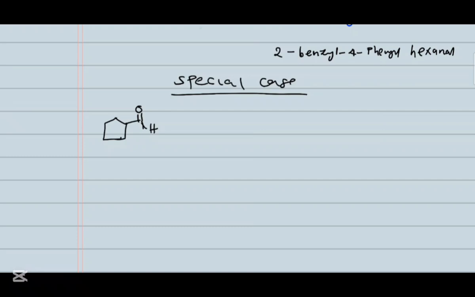So the name here is different from what we were doing, because we know to say this is an aldehyde functional group. An arrow here. So if you have been provided a ring directly attached to an aldehyde functional group, the name now changes.